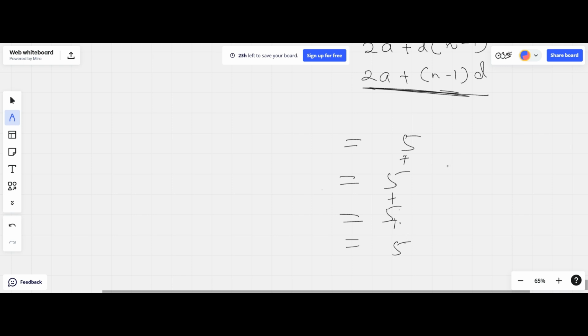Or otherwise, simply: 5 is repeating 4 times, so 5 into 4 is 20. Otherwise, this is 5, repeating 4 times, so 5 into 4, that is 20.